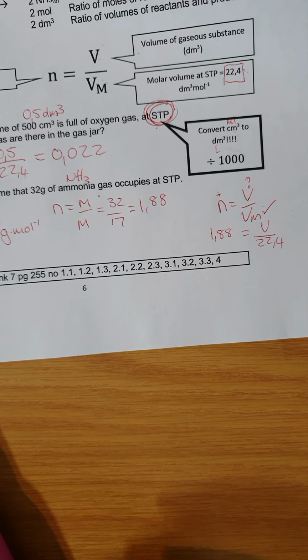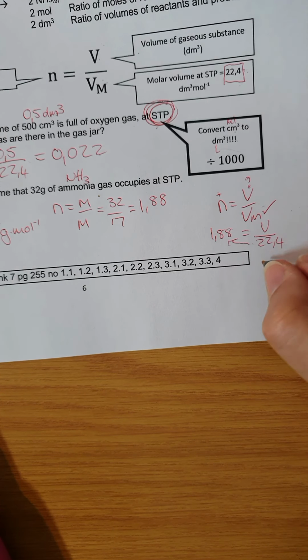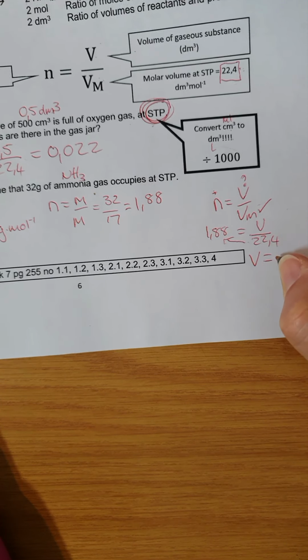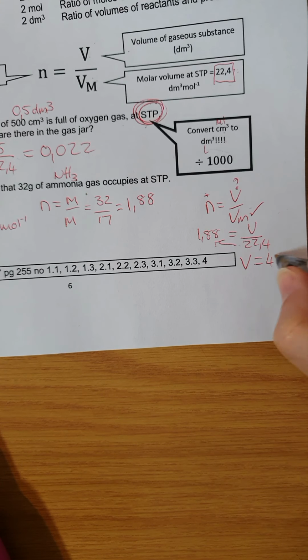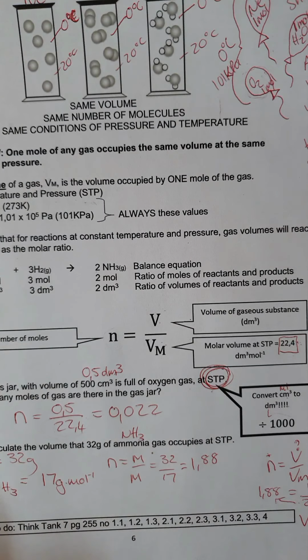So 1,88 times 22,4, because remember, you're going to bring that up there. And our volume is equal to 42,11 decimeters cubed. Okay, and that is that. I hope you understand. Please let me know if you don't, and we can do a Google Meet. All right, have a good day.